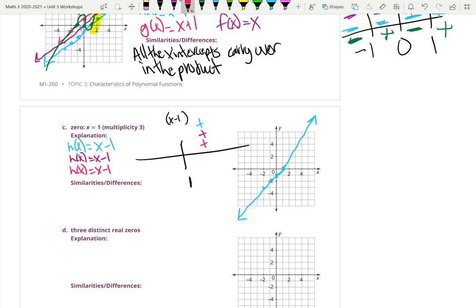To the left of 1, they are all going to be negative. I'm looking at the same line, but when I multiply this line times itself 3 times, it's going to be a negative and a positive. It's going to have the same x-intercept. And the end behavior is going to go from being a negative to being a positive.